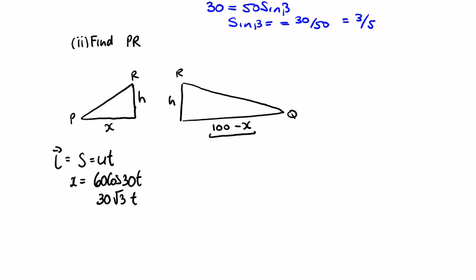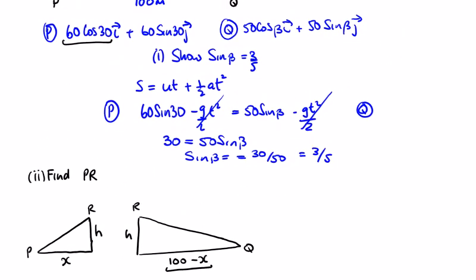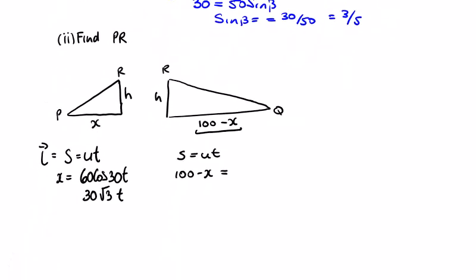So in the Q direction, S is equal to UT again. So 100 minus X is equal to, what did we have? We had 50 cos beta times T. Now we just got the sine of beta up here. We didn't get the cos of it.